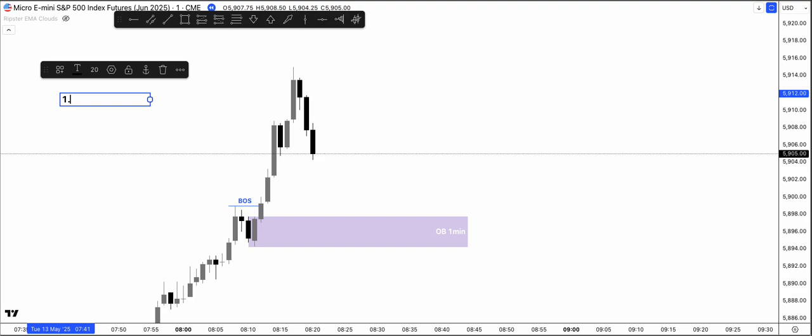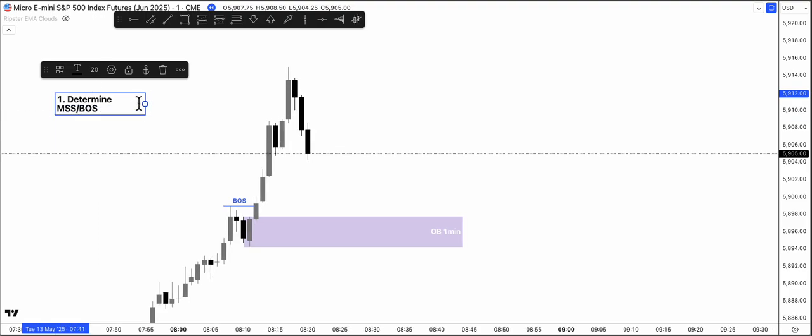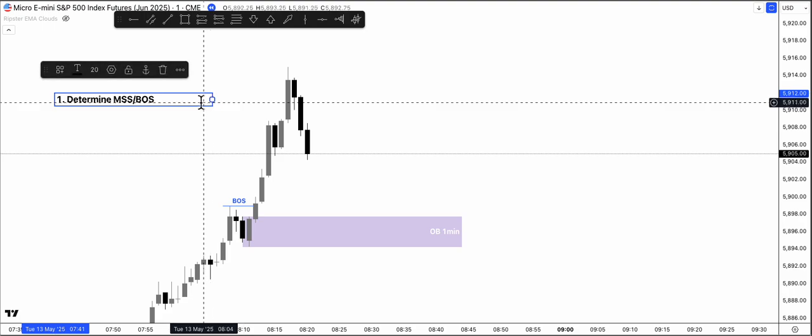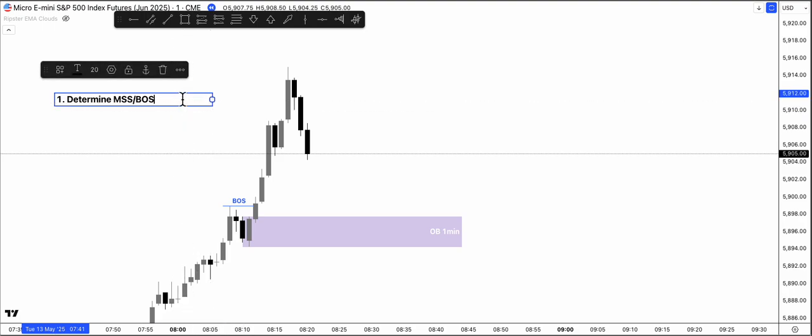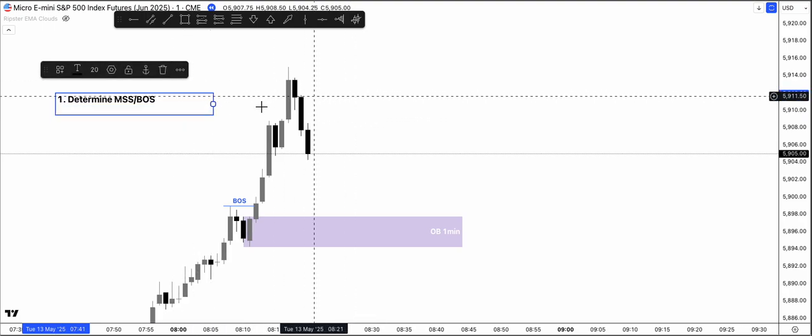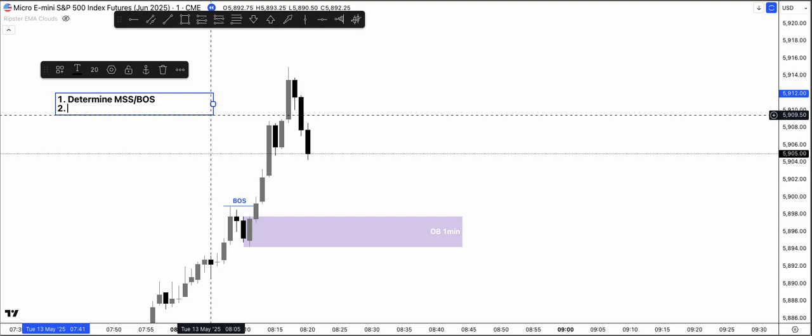Step one is to determine MSS or BOS. That's step one. Step two, once that has been established, draw the order block.